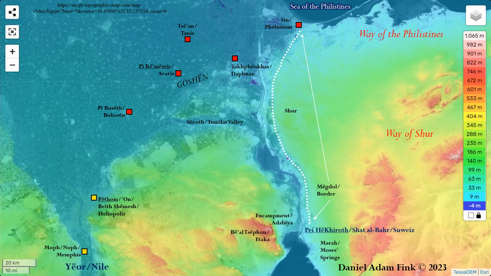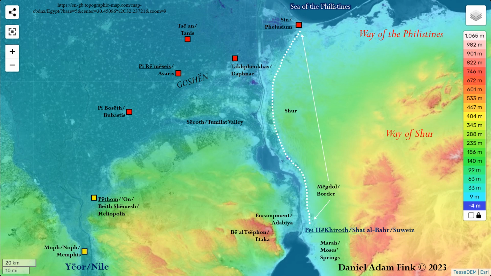That is the place where the Hebrews encamped, because down and to the left, southwest of the encampment, was the large mountain Baal Zephon, the place where the Hebrews had to turn around. Then, to the right of Baal Zephon is Pei Hachirat. Down from there is Marah, Moses Springs, the first stopping point beyond the Exodus crossing.